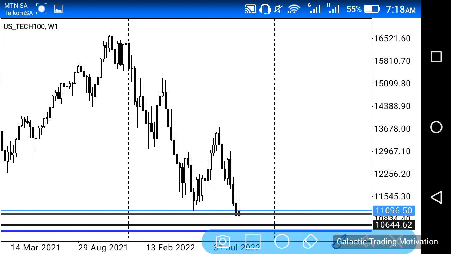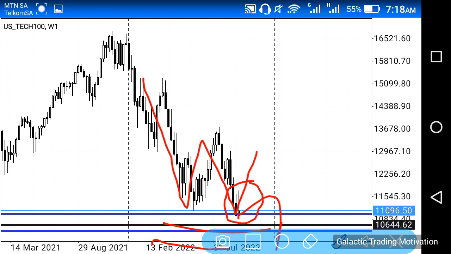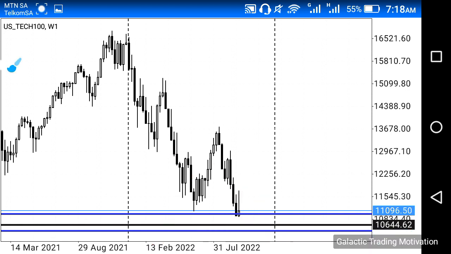So because of this structure, which seems like a W formation, a lot of people have bought at this point and they've placed their stop losses just below. So it may happen that when the market opens on Monday, we might see price head up a bit and then push further down, right, to trigger all of those stop losses, and then we may potentially see price revert in a way, right? I hope what I'm saying makes sense and it's not too confusing.